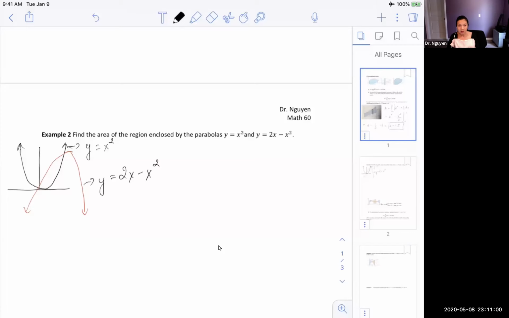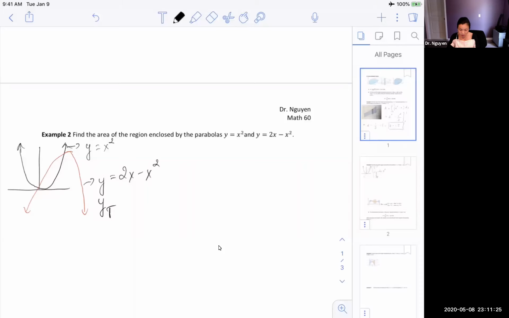The reason I want to do this is I want to figure out which one is the upper bound and which one is the lower bound, so which one is the top and which one is the bottom. As you can see, the top one is this one. The other one is the bottom one.